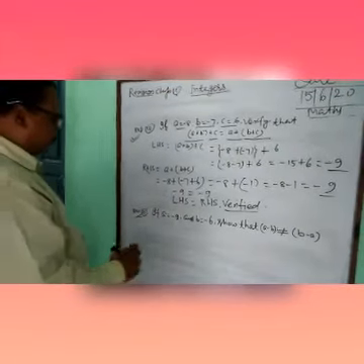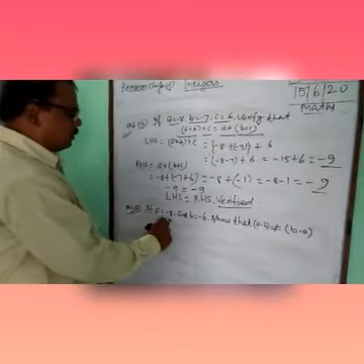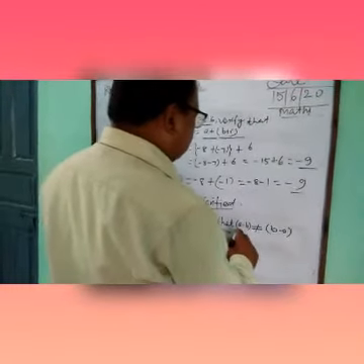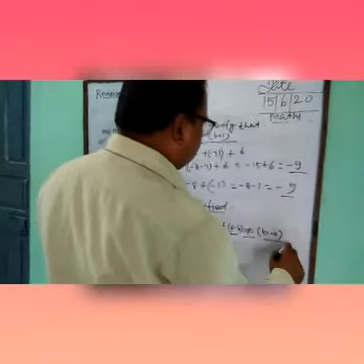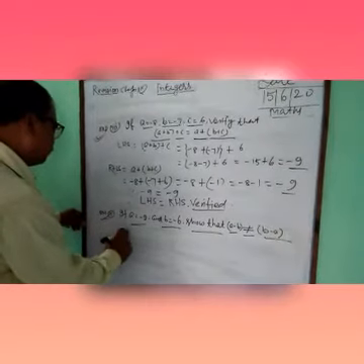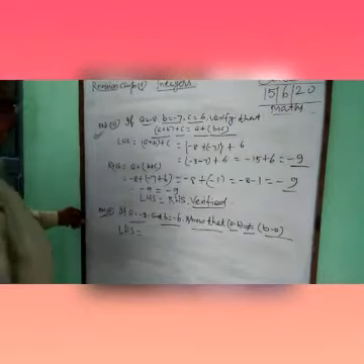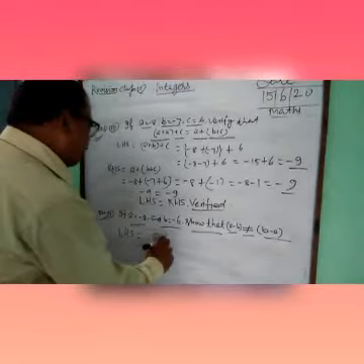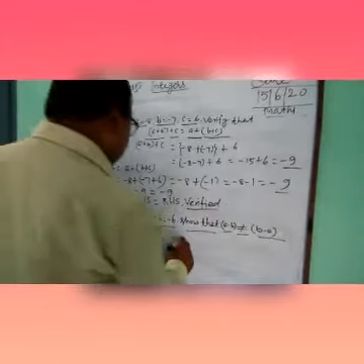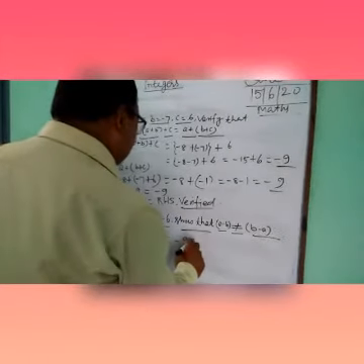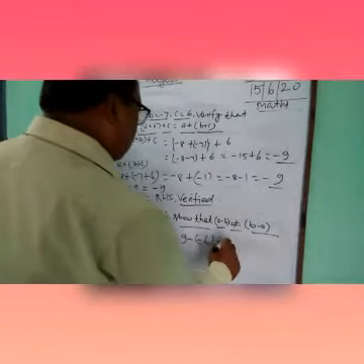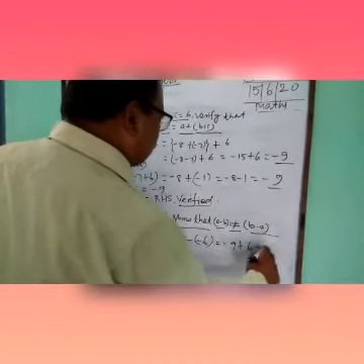Number 11. If A is equal to -9, B is equal to -6, verify that A minus B does not equal B minus A. LHS is equal to A minus B. Now putting the value of A and B: -9 minus (-6) is equal to -9 plus 6 is equal to -3.